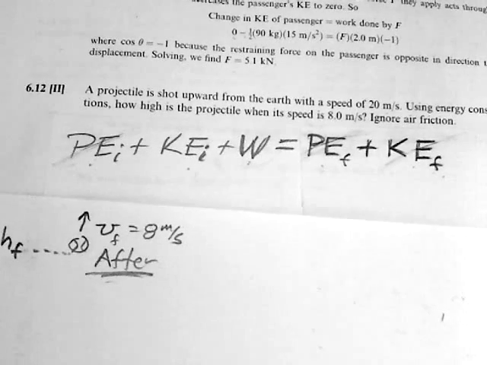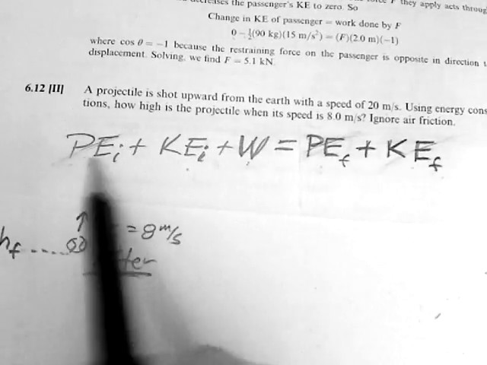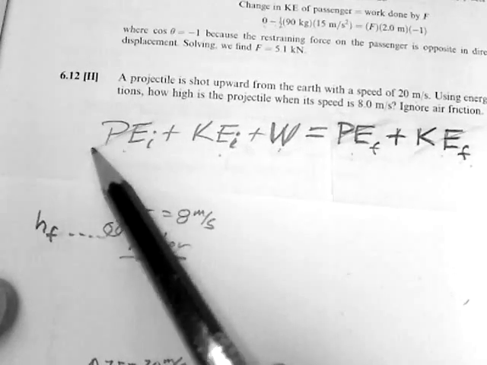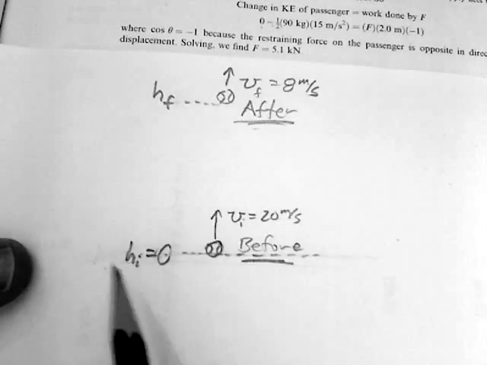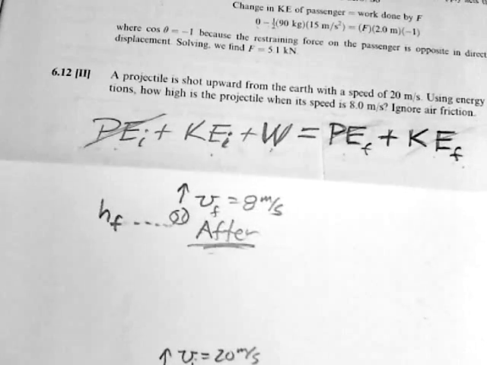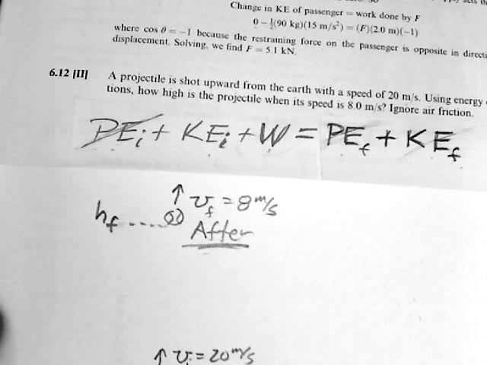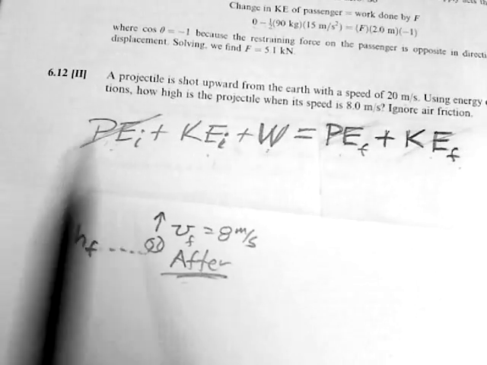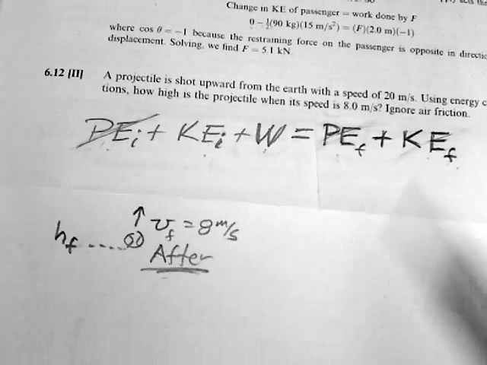So which one of these terms in the work energy equation are 0? Well, I guess you could say that the initial potential energy is 0 because you're calling that height 0. That's arbitrary. You get to choose what the height is initially, so I'm choosing it to be 0 so that my potential energy here is 0.